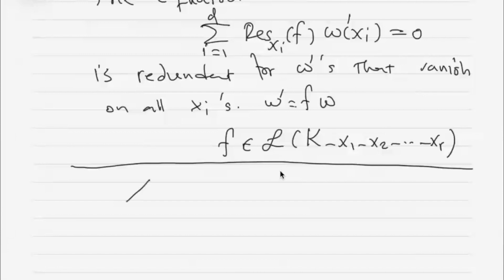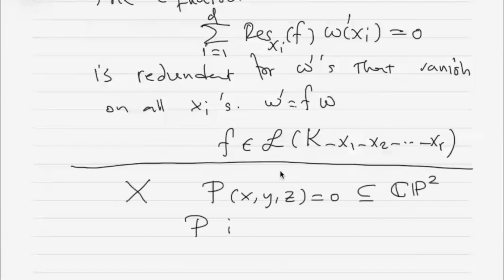Namely, I assume that my Riemann surface X is given by a polynomial equation inside CP2, where P is an irreducible homogeneous polynomial of degree n.